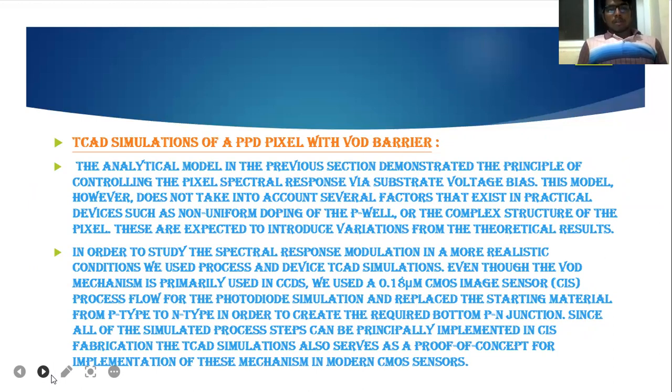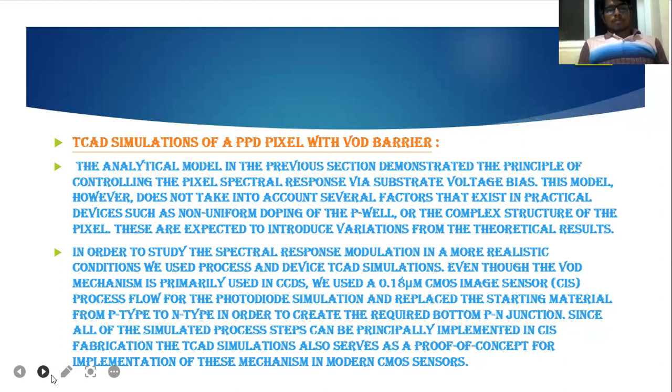The analytical model in the previous section demonstrated the principle of controlling the pixel spectral response via substrate voltage bias. This model, however, does not take into account several factors that exist in practical devices, such as non-uniform doping of the wafer or the complex structure of the pixel. These are expected to introduce variation from the theoretical results.